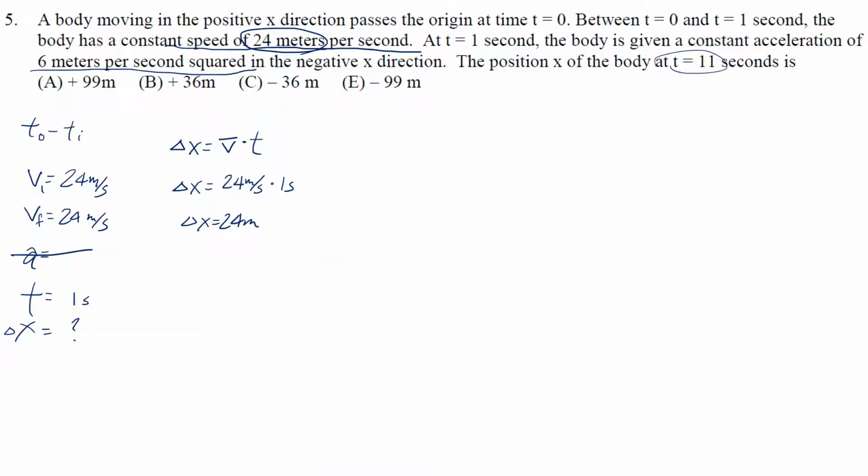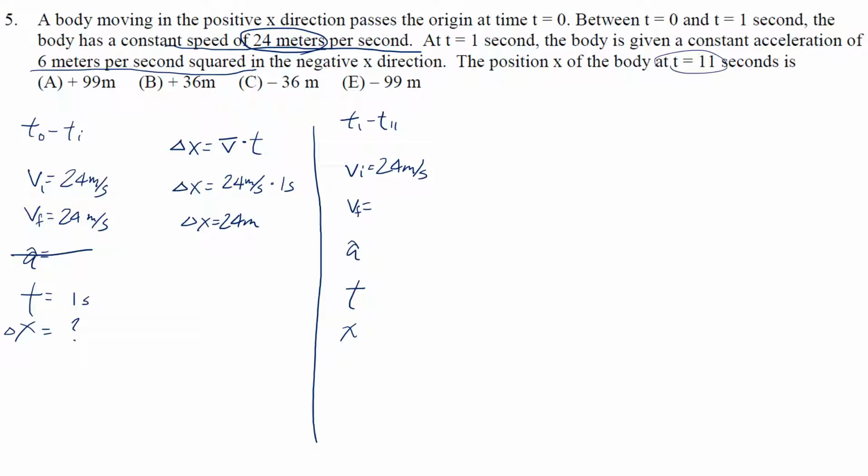So I just want to draw a neater line. At the next segment, this is between t1 and t11. Let's do VVATX again. The initial velocity is going to be 24 meters per second. We don't know the final velocity.